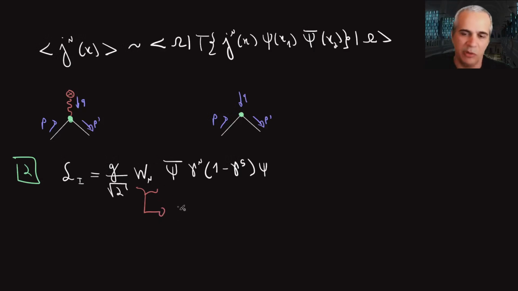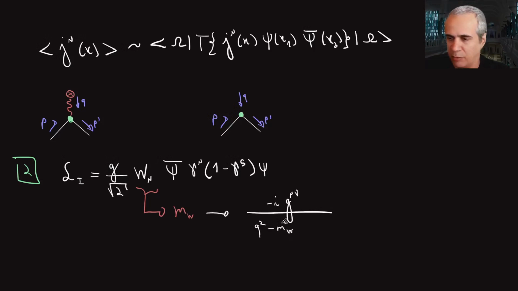How is that possible? You have to look into spontaneous symmetry breaking, which is beyond the scope of our course, but just accept that it's possible to have a massive spin 1 boson, and the mass of this guy is M_W. That means the propagator for this massive gauge boson will be just -i(g_{μν} ...)/(q² - M_W²) plus iε in my favorite gauge.